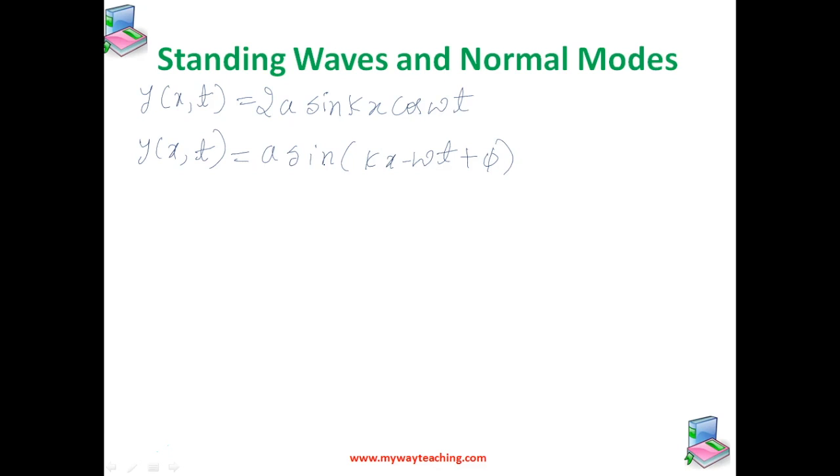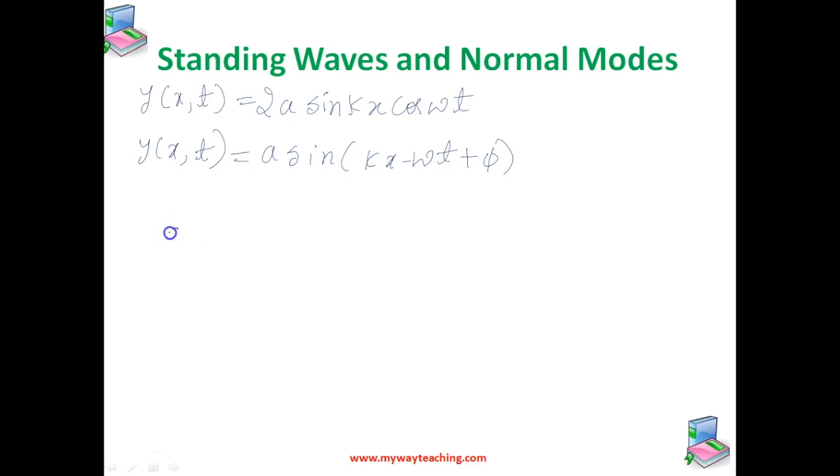So the wave pattern is neither moving to the right nor to the left. Hence, they are called standing or stationary waves. The amplitude is fixed at a given location, but it is different at different locations. The points at which this amplitude is zero are called nodes. The points at which the amplitude is largest, we call them antinodes.